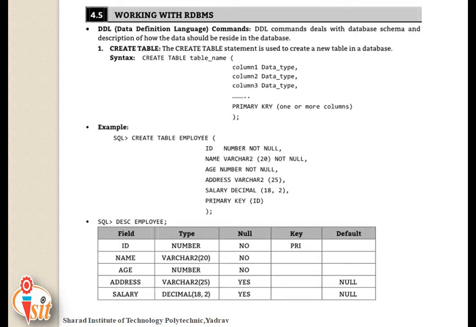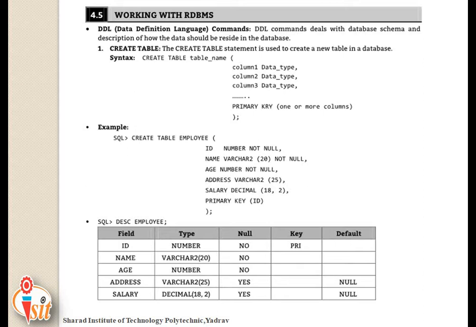Like ID, name, age, address, salary. Now you have to write the data type of each column. ID is number, name is varchar, age is also number, address has varchar data type, salary has data type decimal.